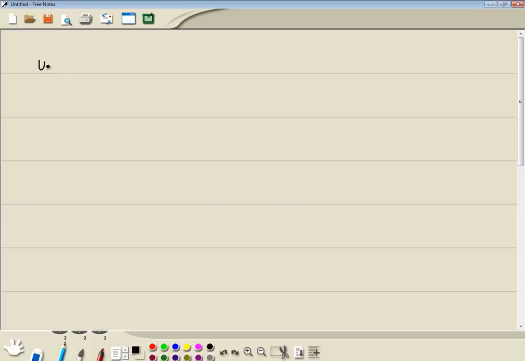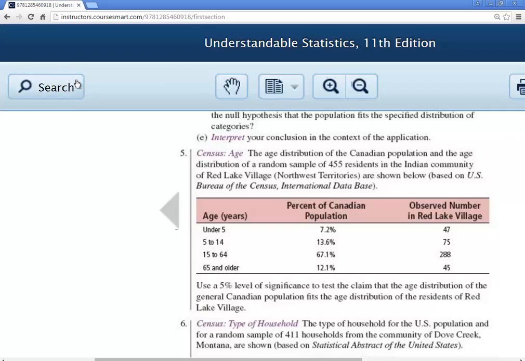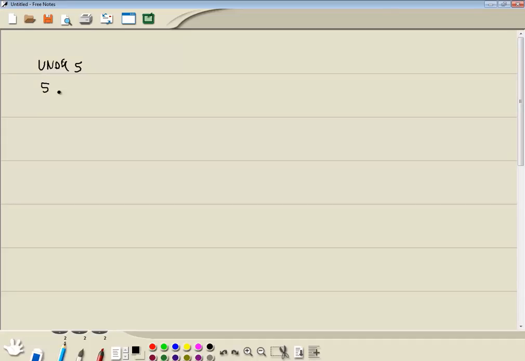Okay, so our categories. We got under 5, 5 to 14, 15 to 64, and 65 and older.